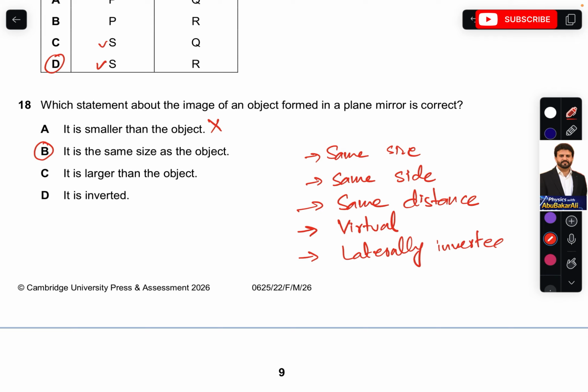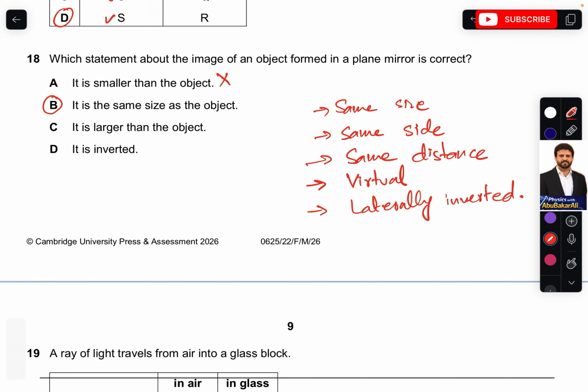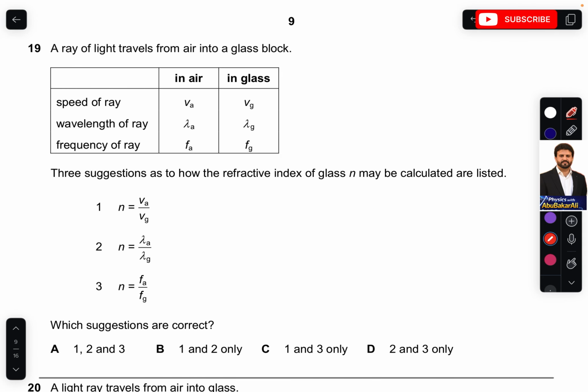These are the properties of the image formed in the plane mirror. Laterally inverted means its right and left sides will be flipped. The right side will be on the left and the left side will be on the right. It is not upside down. Okay, that happens in the lenses.